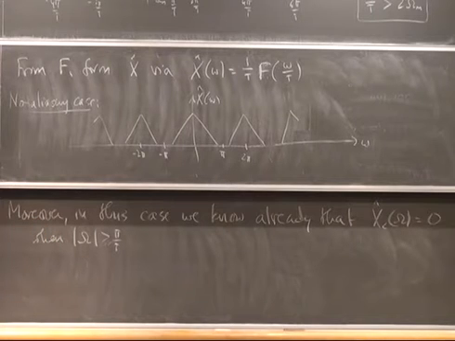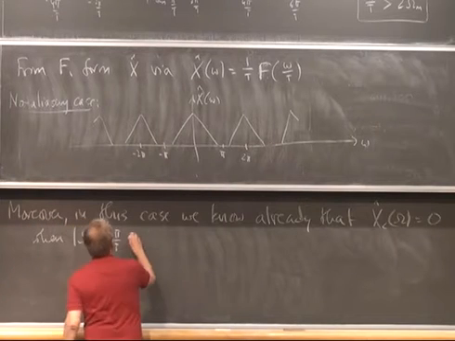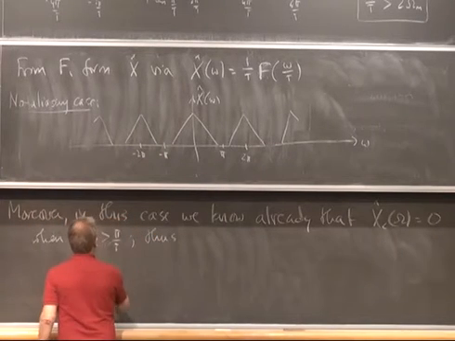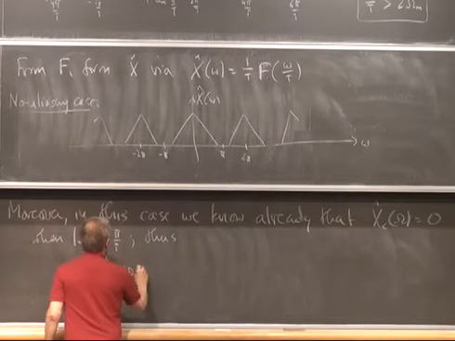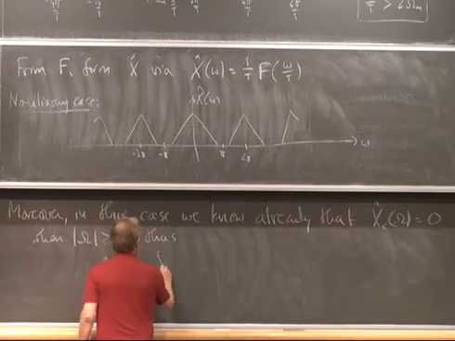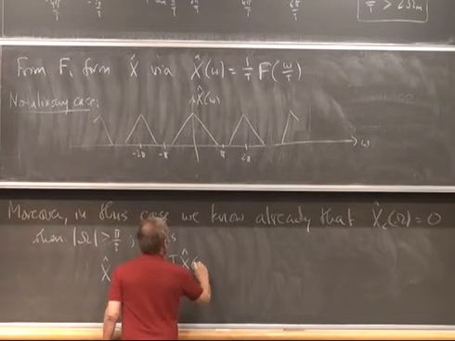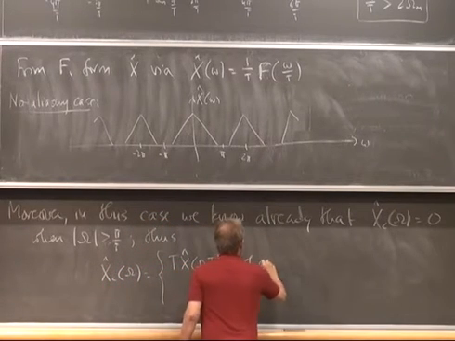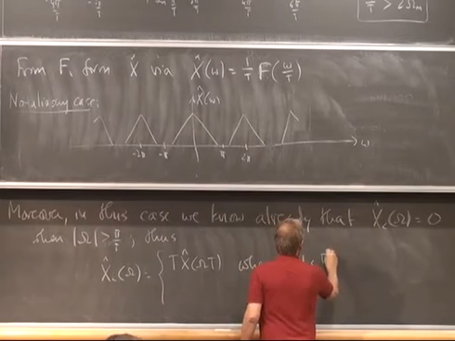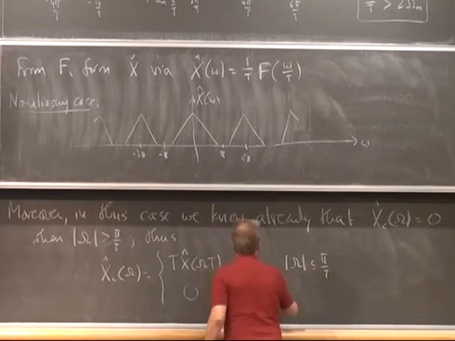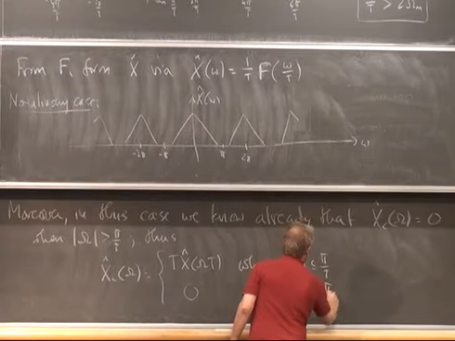Why do we know that? Well, look at the picture up there. Pi over T is outside the bandwidth of x c hat. Thus, for all capital Omega, x c hat of Omega is equal to T x hat of Omega T when Omega is less than or equal to pi over T, and 0 when Omega is bigger than pi over T.